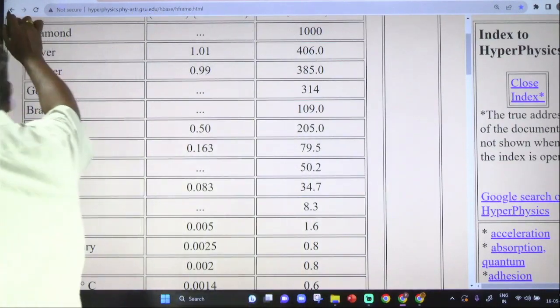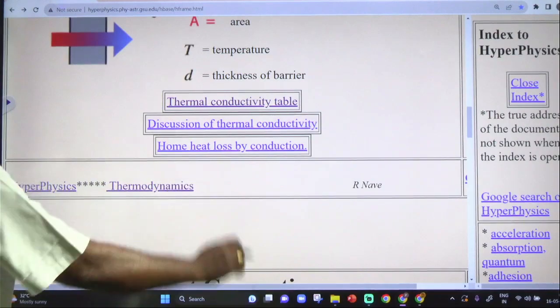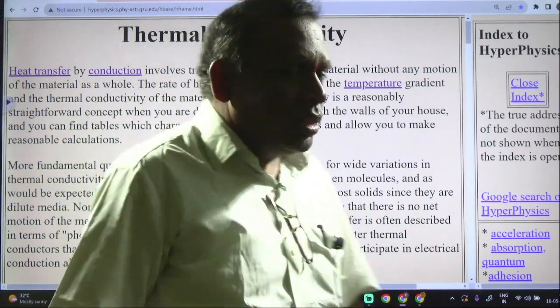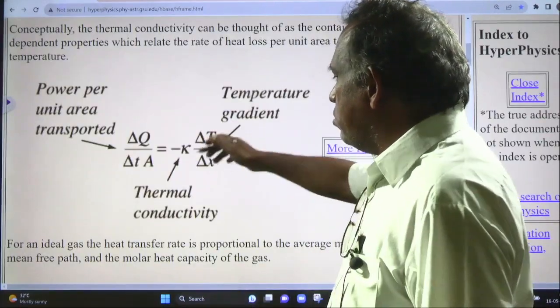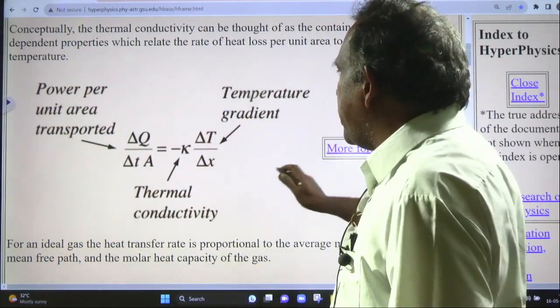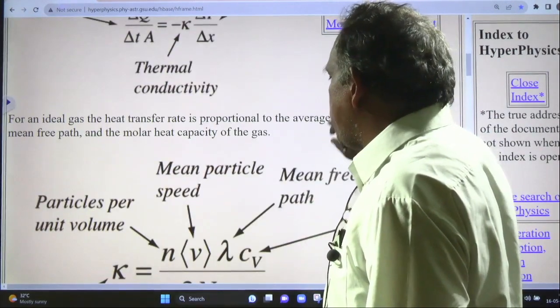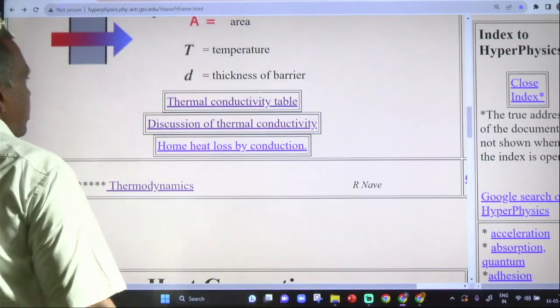Coming to the next discussion of thermal conductivity, heat transfer, I told you there is a transfer of energy. That is K delta T by delta X, the power per unit area. Before that we will discuss some calculation in thermal conductivity.